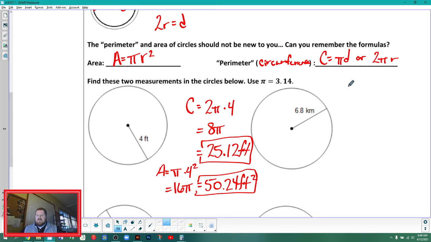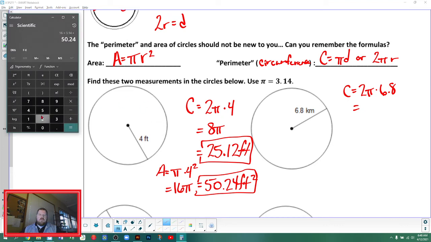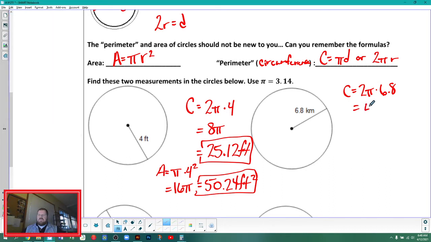For the next one, we'll do the same thing. 2 times pi times 6.8. We get 42.7. It's pretty close.